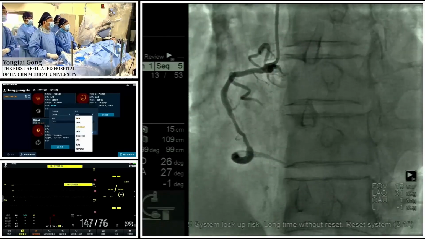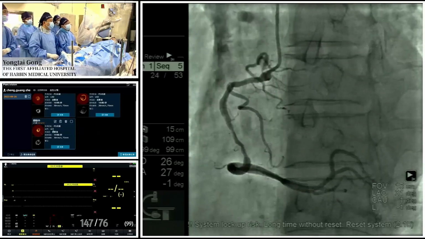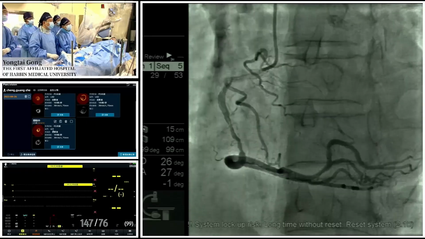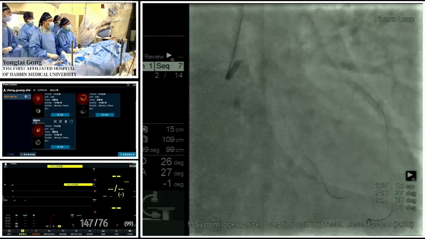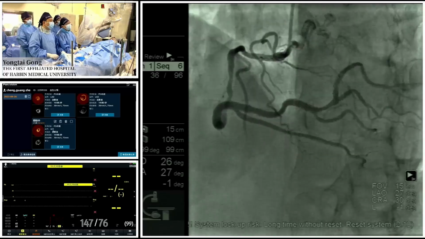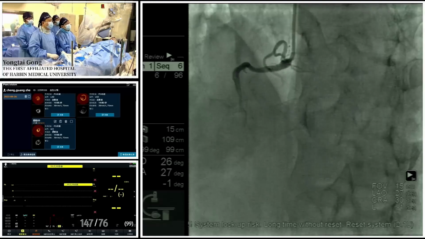Nearly 70% stenosis and severe calcification in the medial RCA to the proximal RCA. Nearly 50% stenosis in the proximal LCX. And that's all. Thank you.